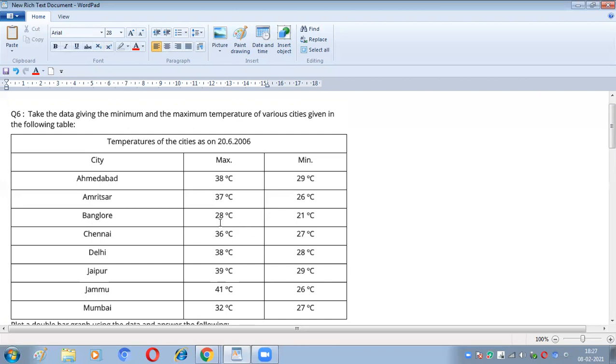So that means this is the coldest. One is Bangalore, and the other pair is, see, Bangalore is less than two cities.